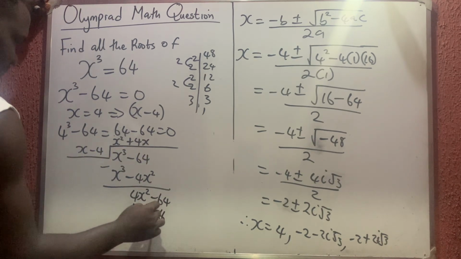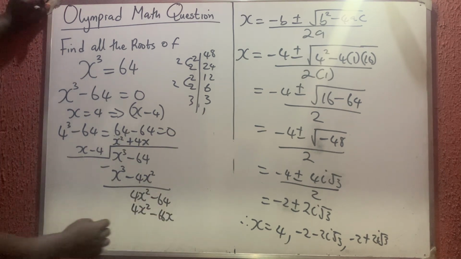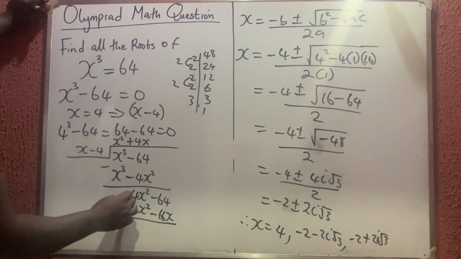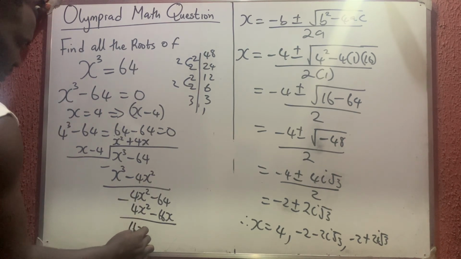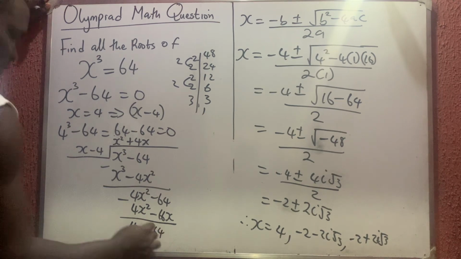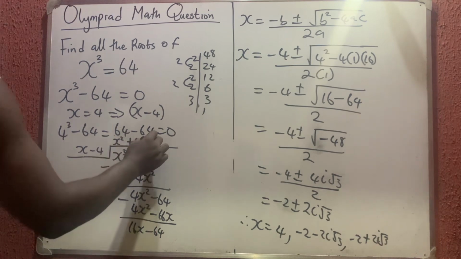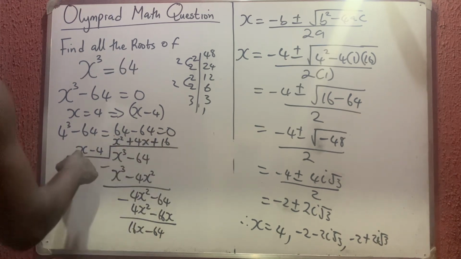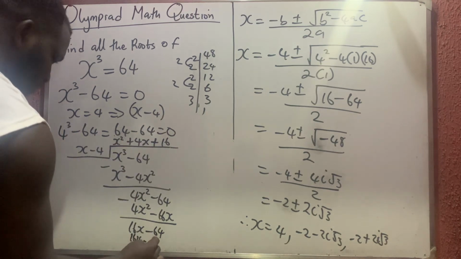So now if you subtract, this minus this is gone, minus minus, I'm having 16x minus 64. So now when this is divided by this, I'm going to have plus 16. 16 times this gives 16x. 16 times this gives minus 64.